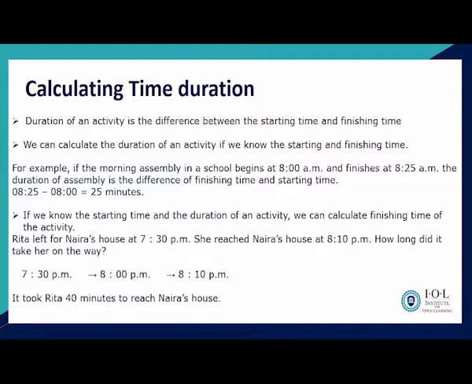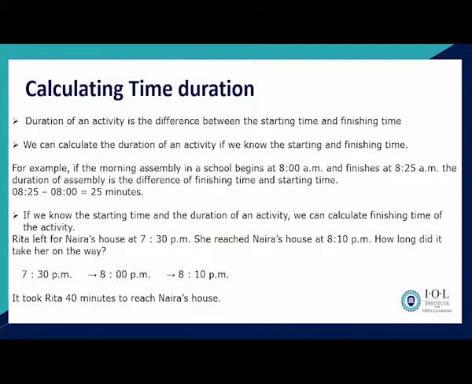For example, if the morning assembly in a school begins at 8 o'clock and finishes at 8:25, the duration of the assembly is the finishing time minus the starting time. So 8:25 minus 8 o'clock tells us the assembly was 25 minutes long.